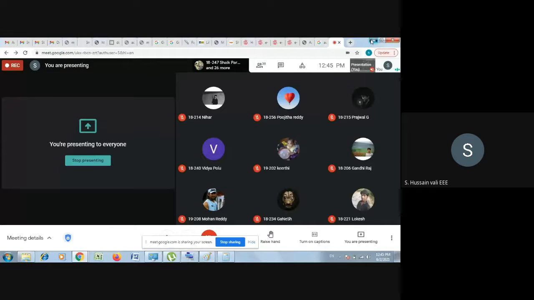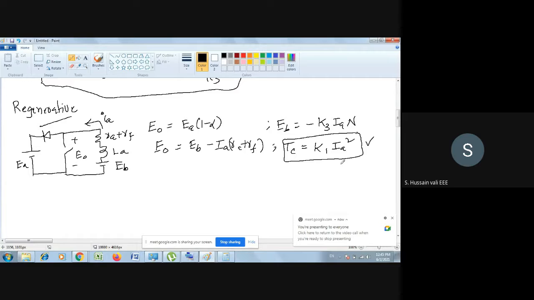Then from this equation, IA becomes the square root of TE by K1.